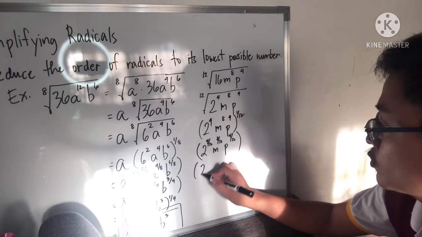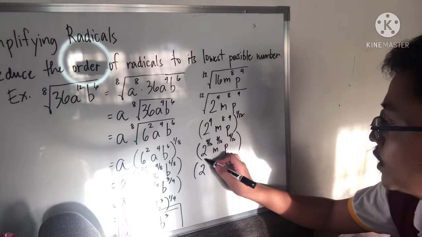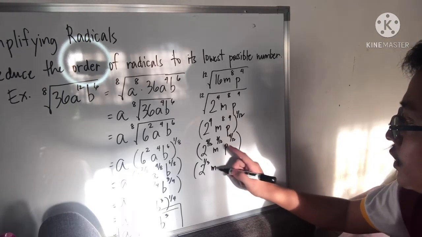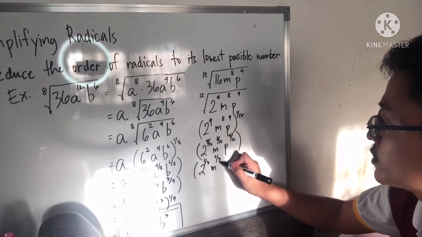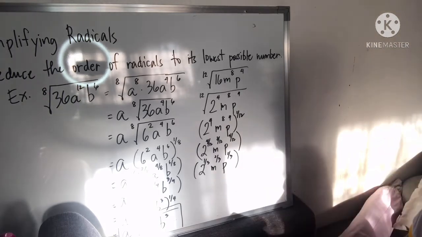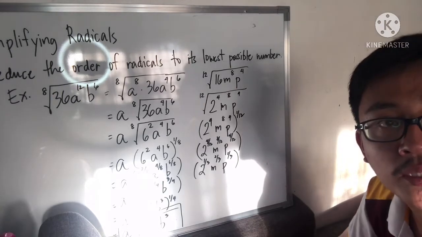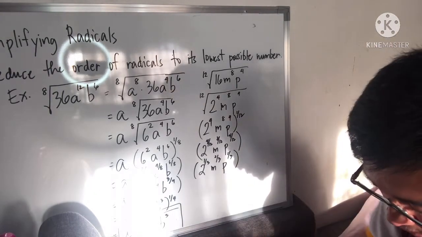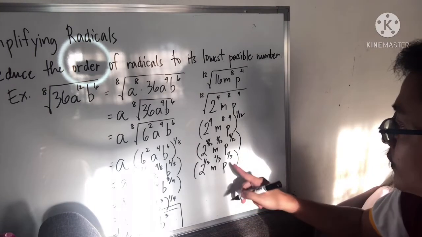So, that becomes 2. Yung 4 over 12 is 1/3. Dun sa m, 8 over 12 is 2/3. Yung sa p is 1/3. So, mapapababa na natin yung kanyang index. So, ibabalik na natin siya in terms of 3.